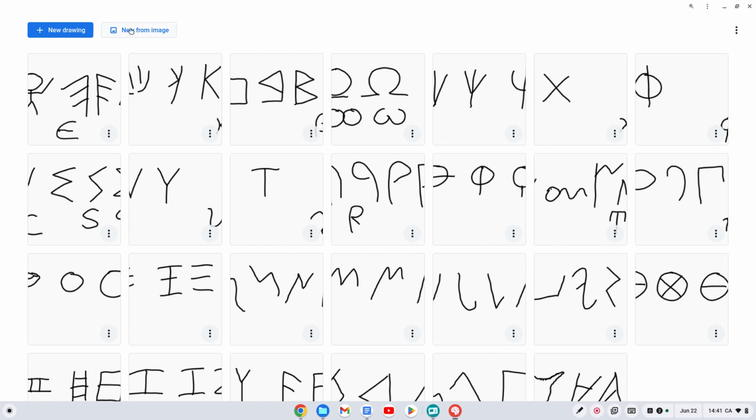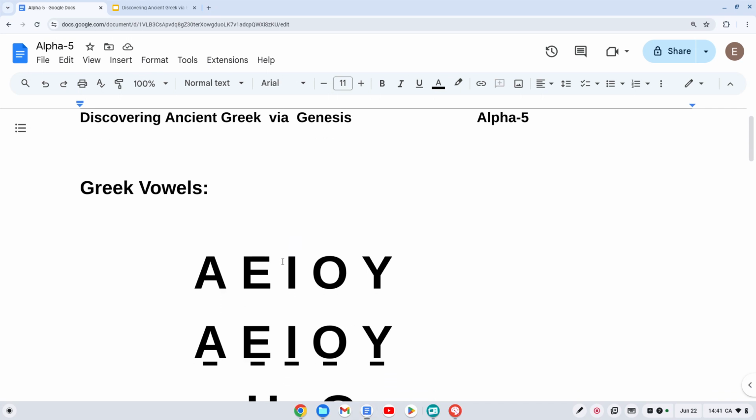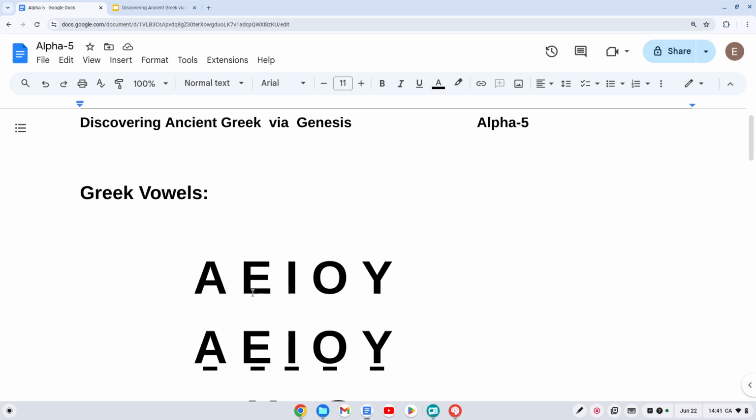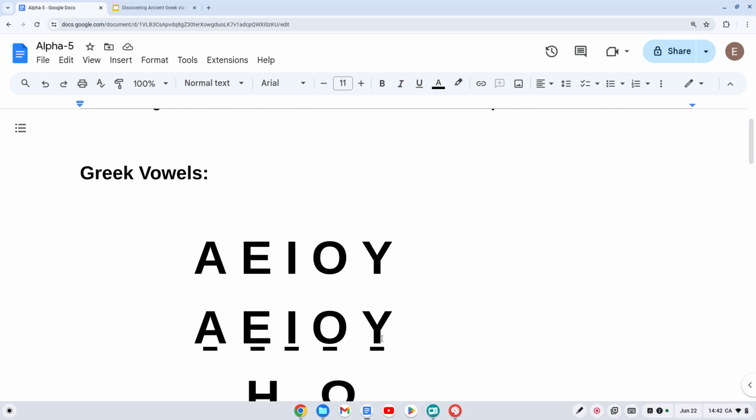Alright, let's go back to reviewing our Greek vowels. It's easier to say E, E, I, O, U than, I guess I should say, alpha, epsilon, iota, omicron, upsilon, long alpha, eta, iota, omega, and long upsilon.